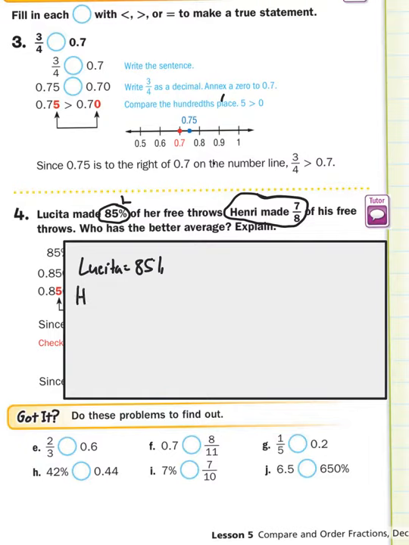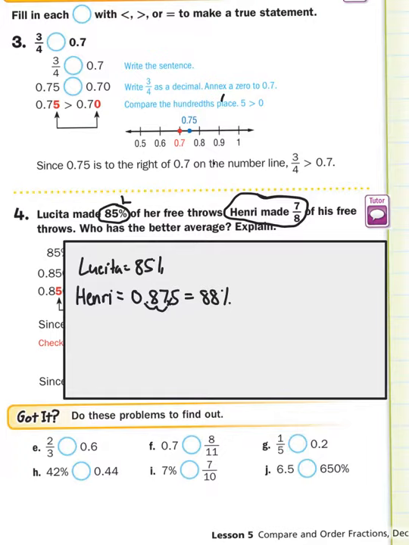So Henry, who made 7/8, remember I do 7 divided by 8. And if I do that, I get 0.875. And when I move my decimal twice to the right, I get 87.5, but that actually rounds to 88%. Now let's say you didn't round it up and you kept it 87.